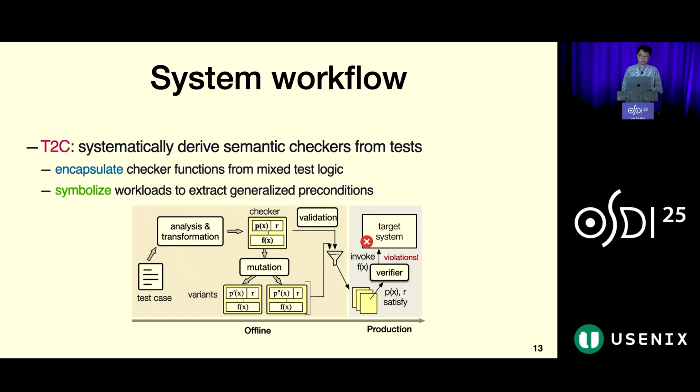At the end of generation, the system includes a multi-level validation step to ensure the generated checkers are indeed valid. And in the production phase, the generated checkers are deployed together with the target system to continuously monitor the silent failures. I will walk through this process step by step in the next few slides.